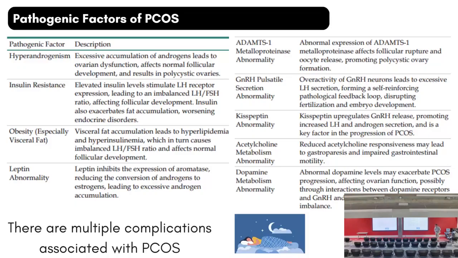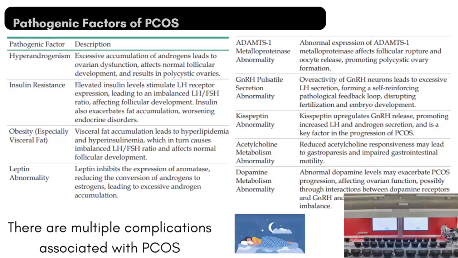Acetylcholine metabolism is impaired as well. So your ability to send electrical signals through your body is influenced because these neurotransmitters are compromised. The little graphic I've got down here, not on the page, but what you can see is sleep disturbances are also common associated with PCOS. And if you want to read more about these, then you can follow the little link we've got down at the bottom of the screen.